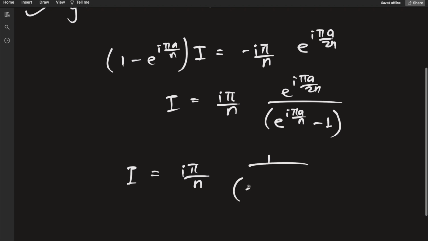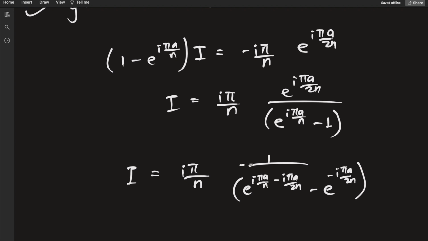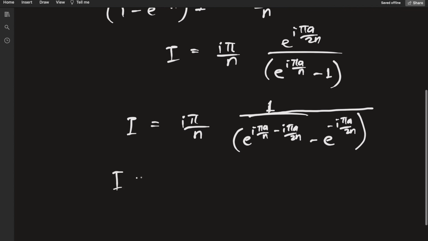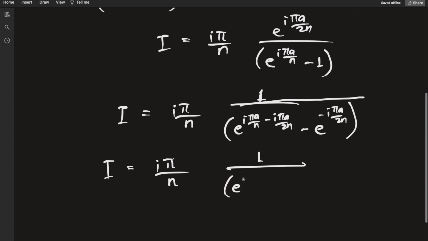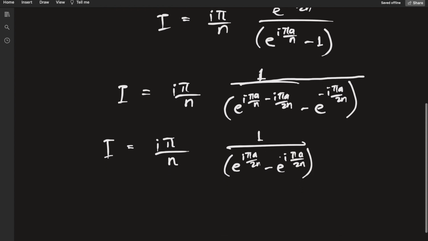So when we do that, we have e to the i pi a over n minus i pi a over 2n, minus e to the negative i pi a over 2n. So we have i pi over n, and this becomes 1 over e to the i pi a over 2n, this is basic addition, minus e to the i pi a over 2n.